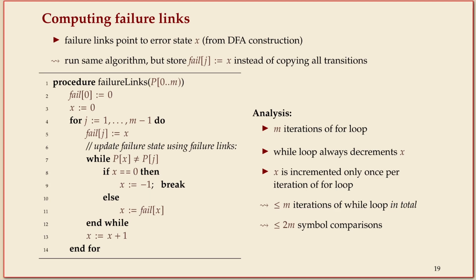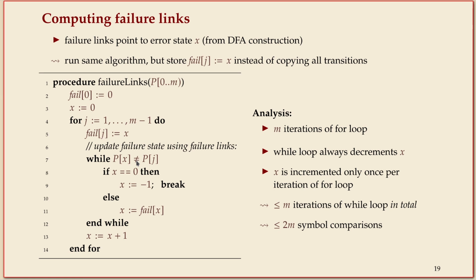Now again, we want this to be efficient. And now we have two nested loops. We have an outer loop that runs m times, and we have an inner loop that could potentially run m times. So if you just look at this, maybe it could be quadratic in m.